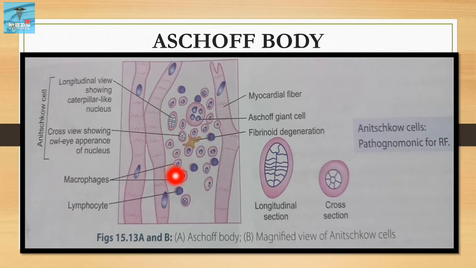Then we can see macrophages, lymphocytes and fibrinoid degeneration, Aschoff giant cells, myocardial fibers, etc. And this is the magnified view showing the longitudinal and cross-section of Anitschkow cells resembling a caterpillar and owl-eye appearance.